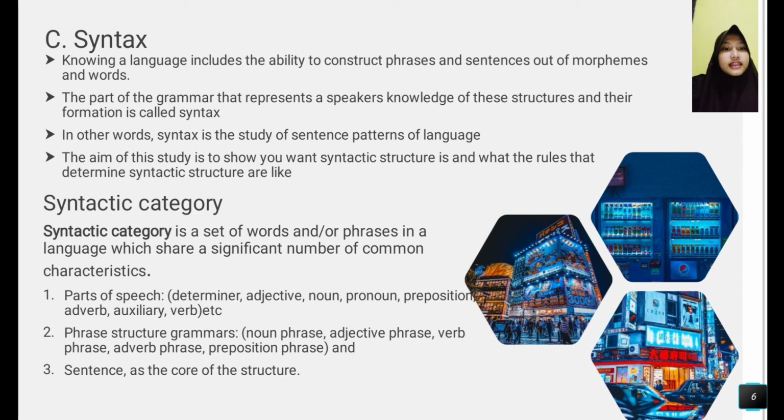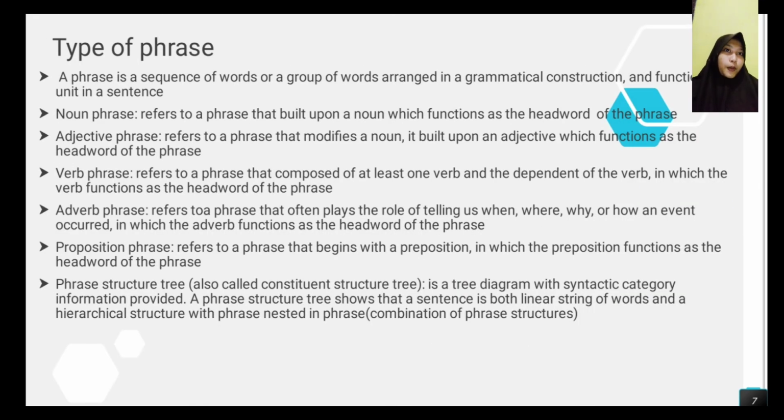And sentence as the core of the structure. And next is types of phrase. A phrase is a sequence of words or a group of words arranged in a grammatical construction and functioning as a unit in a sentence.